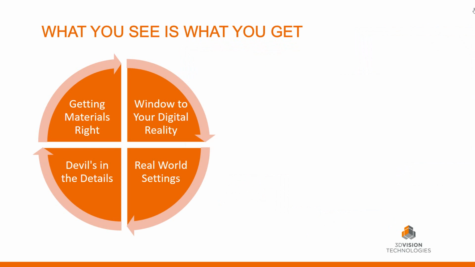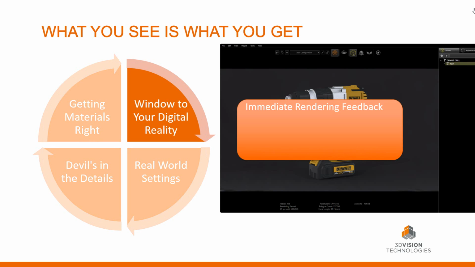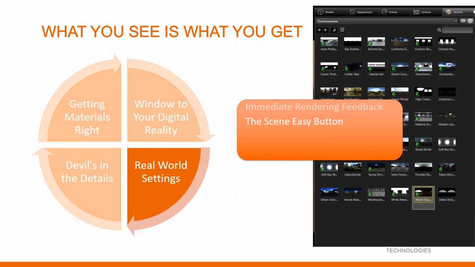So when we talk about Visualize and what you see is what you get, we talked about that window to our digital reality. We get that immediate rendering feedback to see what our product is really going to look like. We utilized environments to be able to use that HDR image as that Scene Easy button.